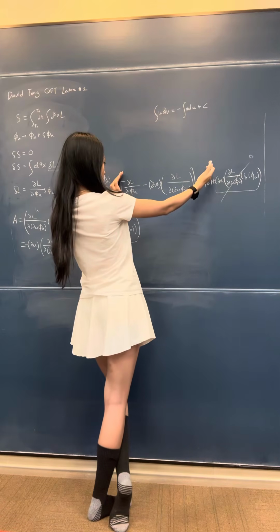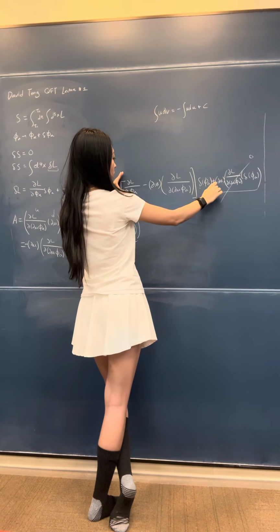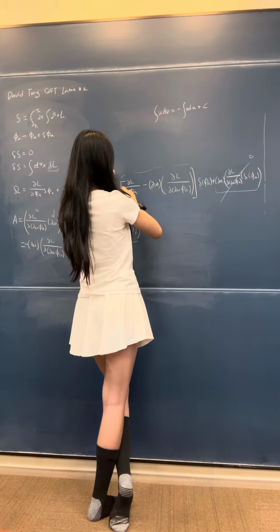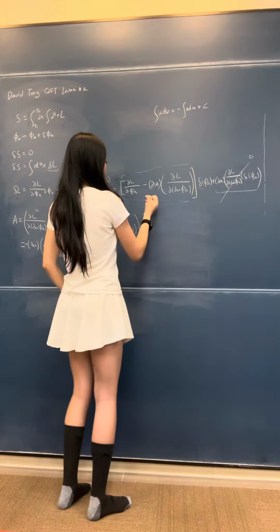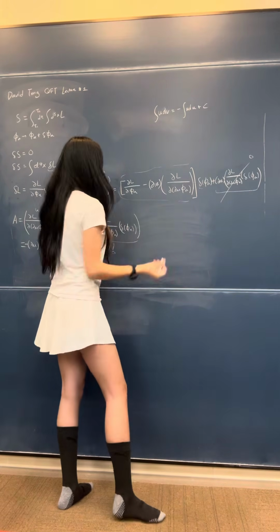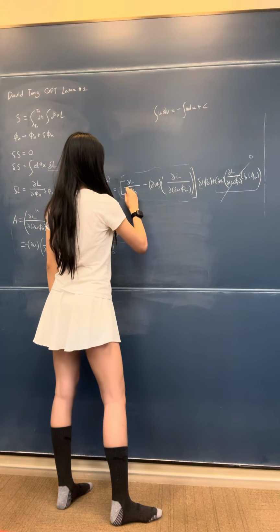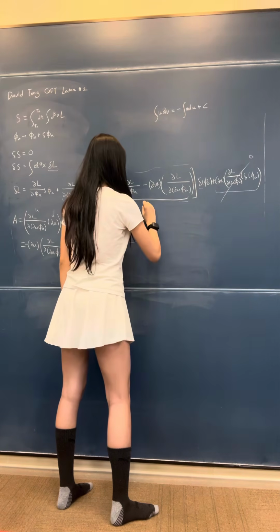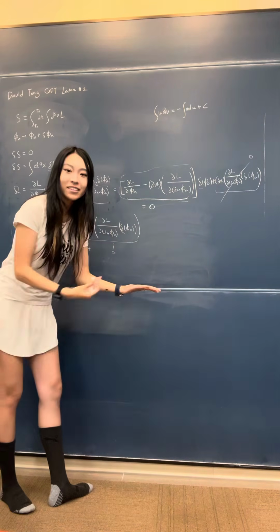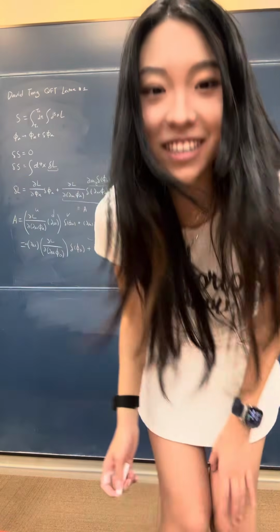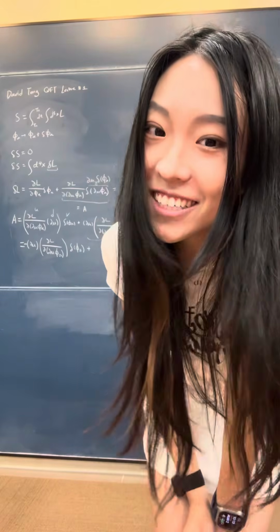We want it to be 0, and this is not 0, so we want this to be 0, and that is the Euler-Lagrange equation of motion. So this whole thing equals 0. Voila! Hope that was very clear. Hopefully you enjoyed my derivation.